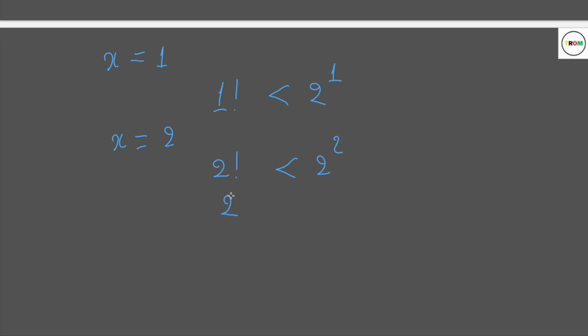That's correct too. This is 2 and this is 4. And next is x equals 3. So factorial of 3 is smaller than 2 power of 3. This is 6 and this is 8. That's correct. Now let's move to the next.